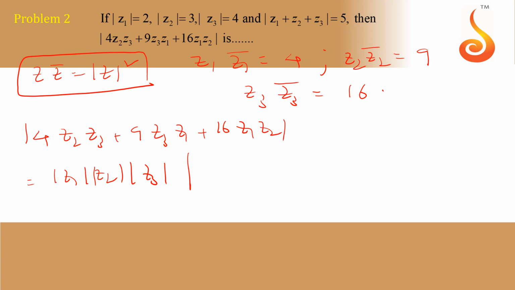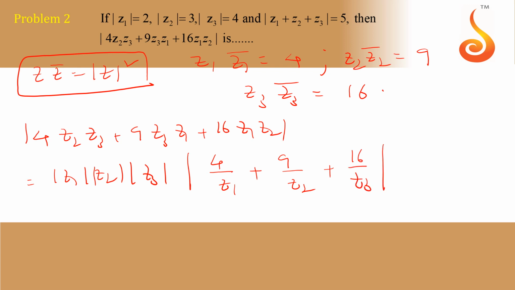So you will get 4 by z1, 9 by z2, 16 by z3.